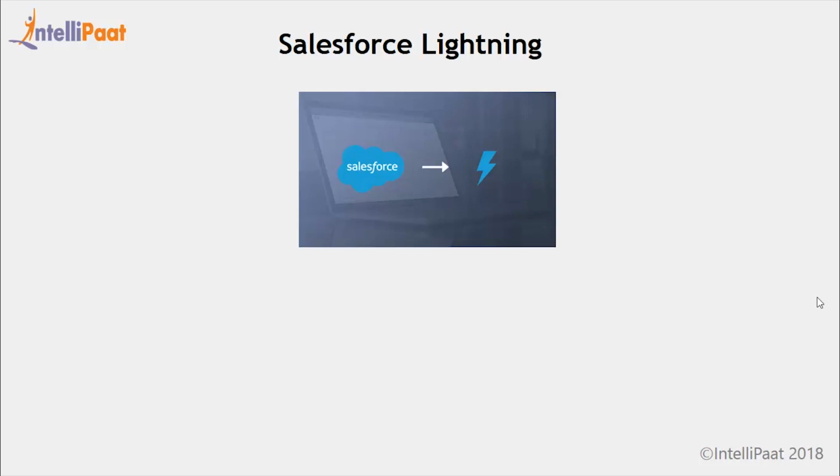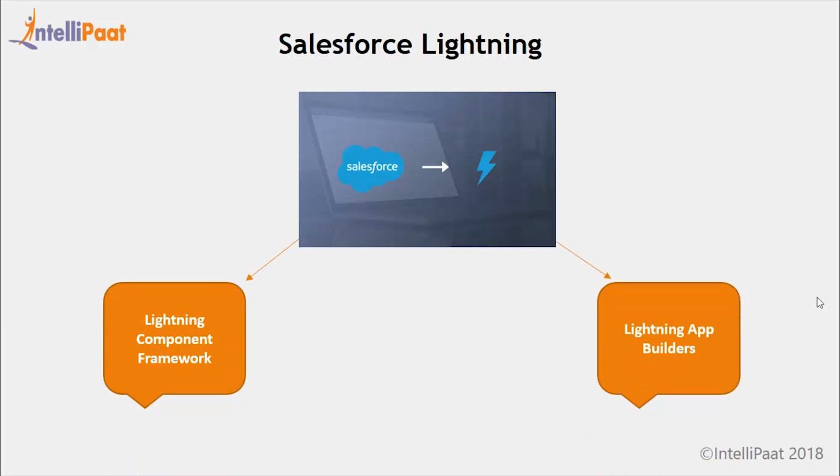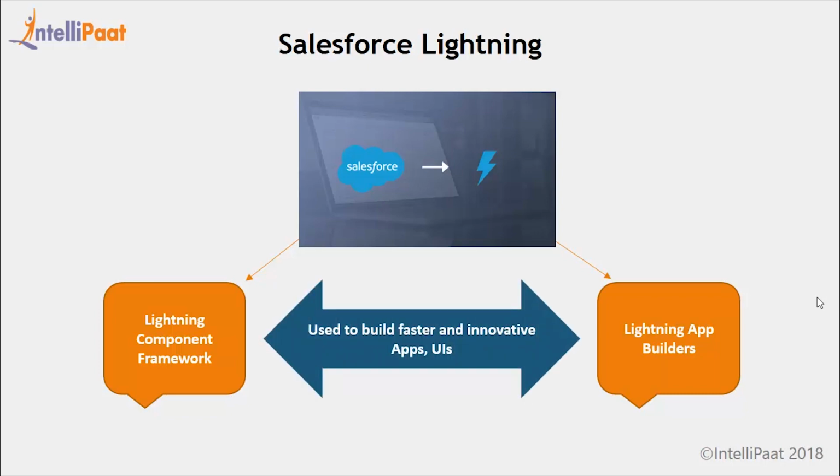And it basically consists of two components. First one is Lightning Component Framework, and then we have got Lightning App Builders. And using both, innovative apps and UIs, that is user interfaces, are built. So Lightning is nothing but a framework which is used to build applications and user interfaces. I hope it is clear to you all.